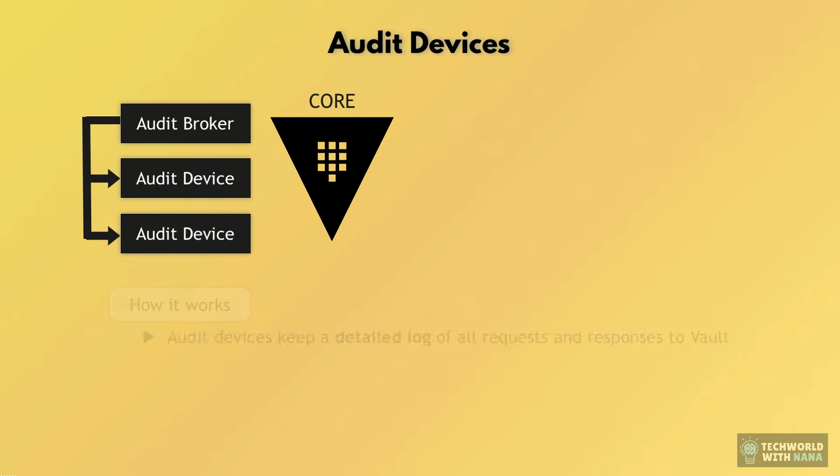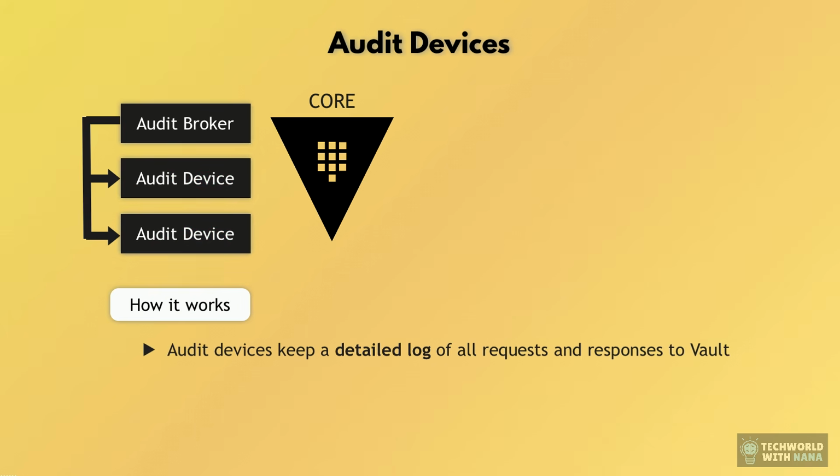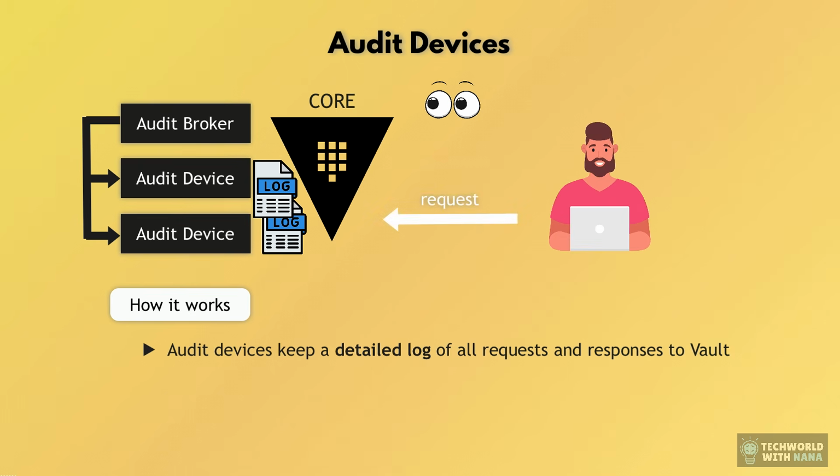So audit devices are the components in Vault that keep a detailed log of all requests to Vault and their responses. Because every operation with Vault is an API request and response. When using an audit device, the audit log contains every interaction with the Vault API, including the errors.